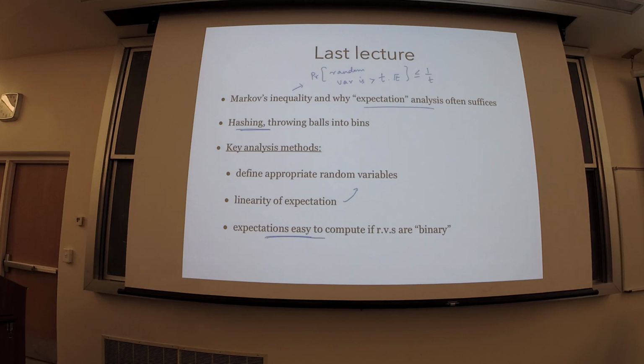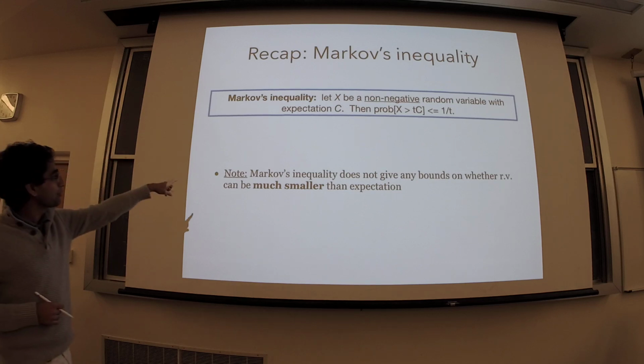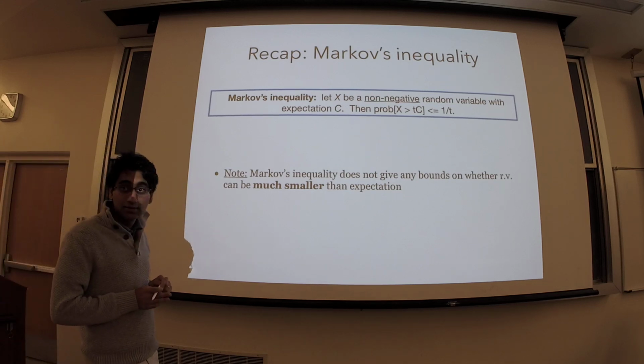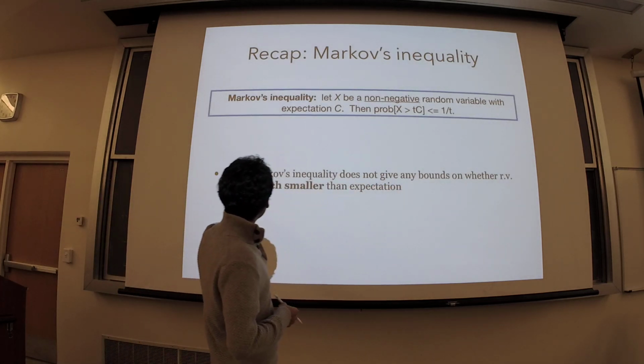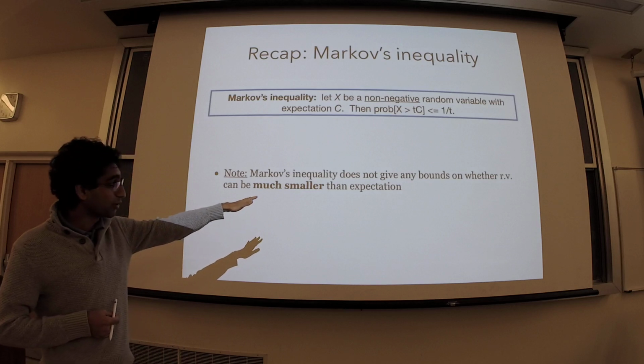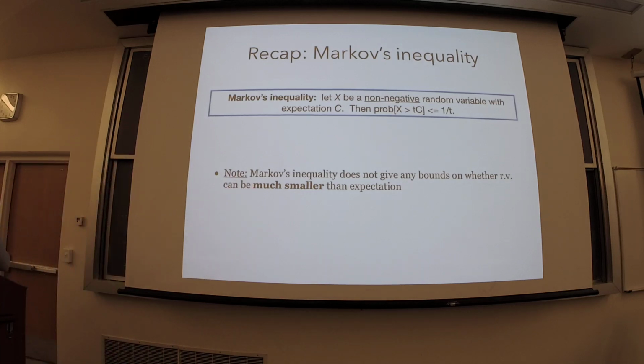All right. And this is Markov's inequality. One thing I wanted to note here is that Markov's inequality does not give you any bounds on the probability that a random variable is much smaller than its expectation.